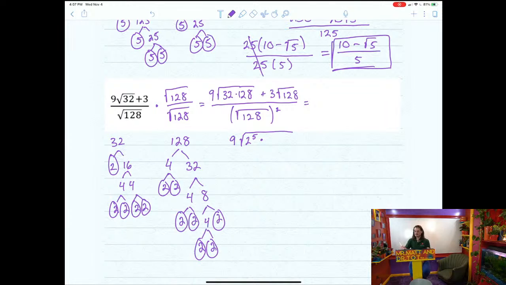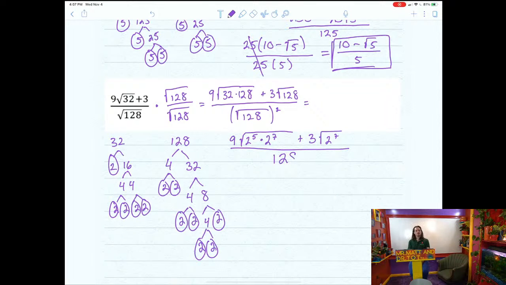So you can see the convenience of using the rules of exponents, otherwise this would be a super long string of 2's. Plus 3 times 128, again, we just solved that to be the same thing as 2 to the 7th. And this is over 128 because the square root and the square will cancel out.